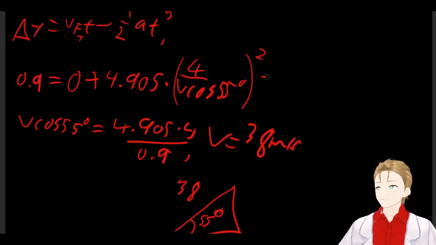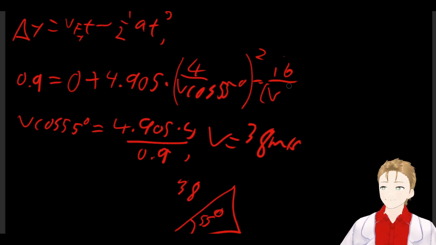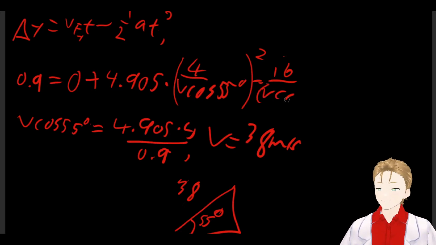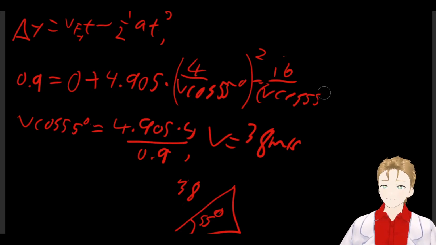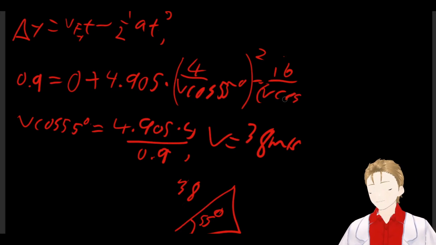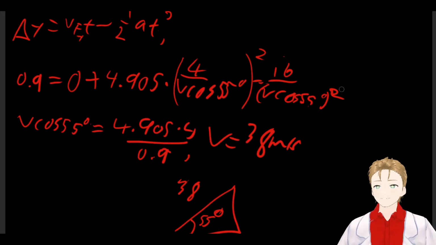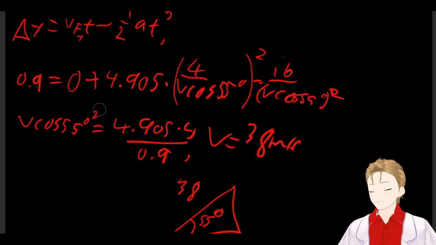I'm just gonna do this little part here. 16 squared. No, we can keep them as a square. Cosine 55 degrees squared. So we can have this as a square.